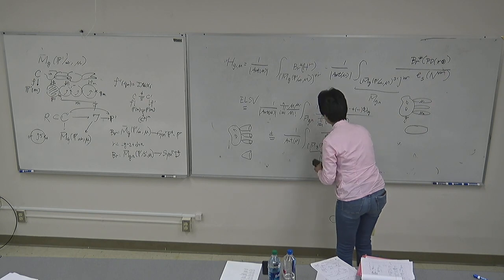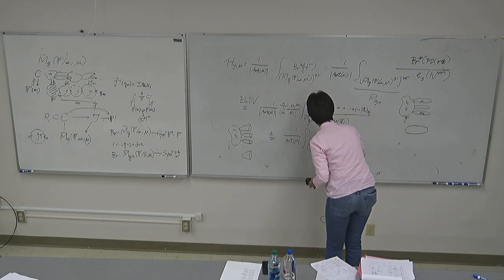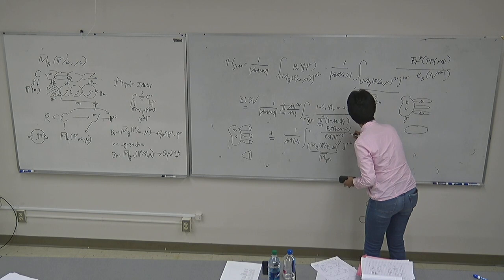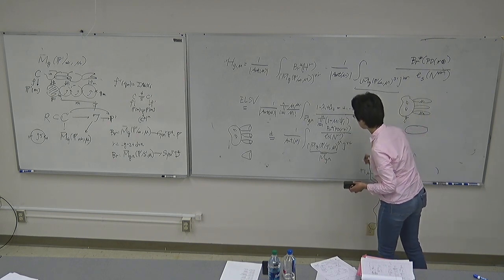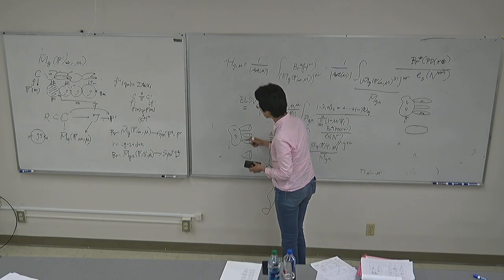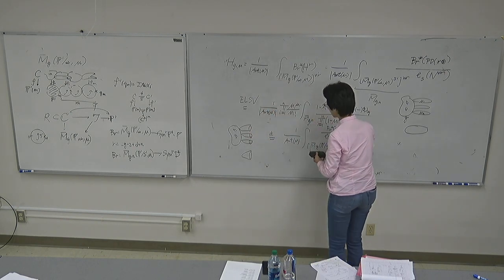So this is an integral over M bar Gn, and 0 is inside the disk. So then, up to a sign, which depends on how you orient this moduli space, you get the same formula.